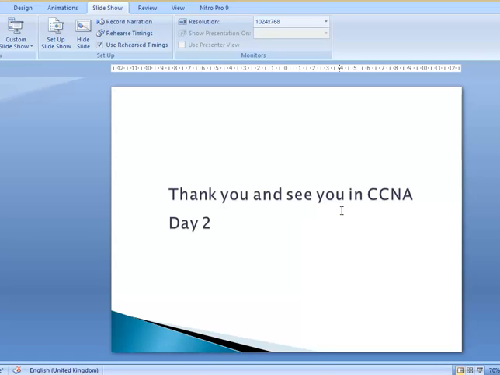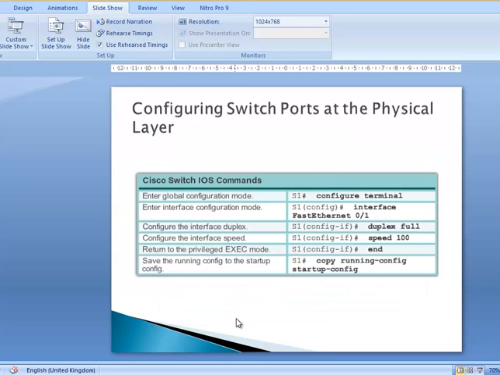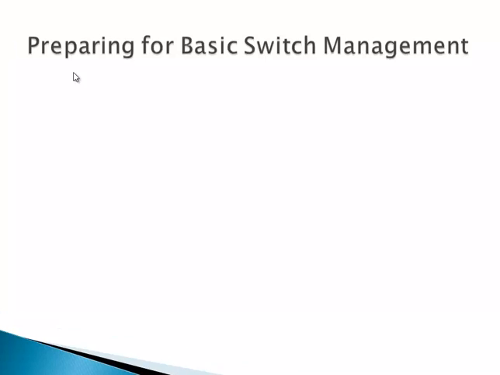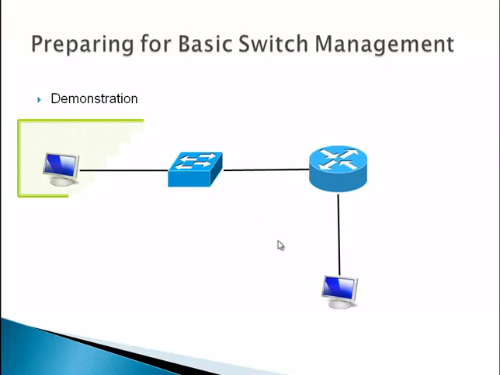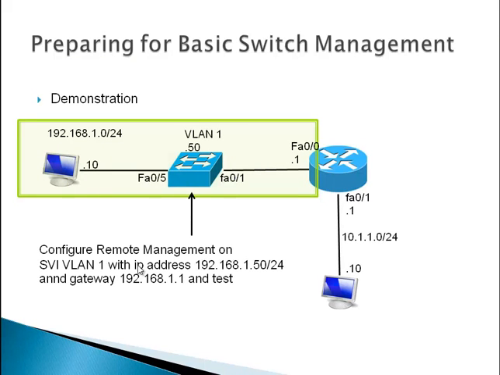Okay, let me just change this one to 0. So what we're going to do is configure remote management on SVI VLAN 1 with an IP address 192.168.1.50/24 and gateway 192.168.1.1, and test it.